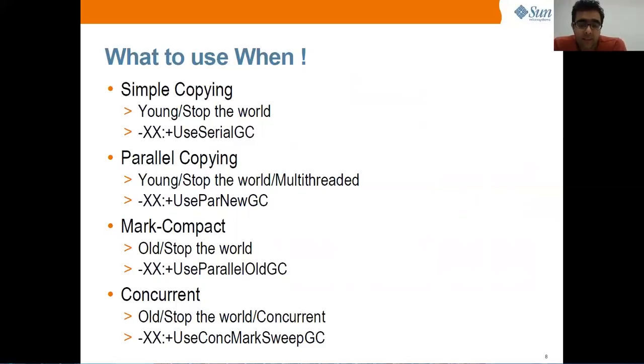And then we reach CMS, that is concurrent mark and sweep, which you can use with the concurrent mark sweep GC flag. In the previous slides, I have not explained what stop the world actually is. It says that when GC starts, it has to stop the application, and that is precisely what we mean by stop the world.